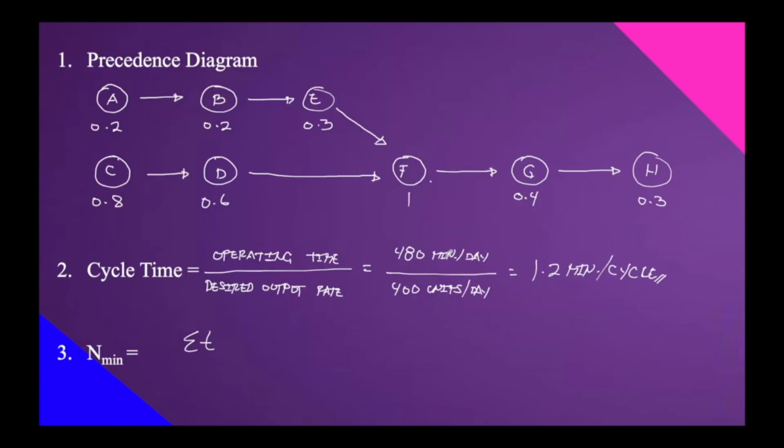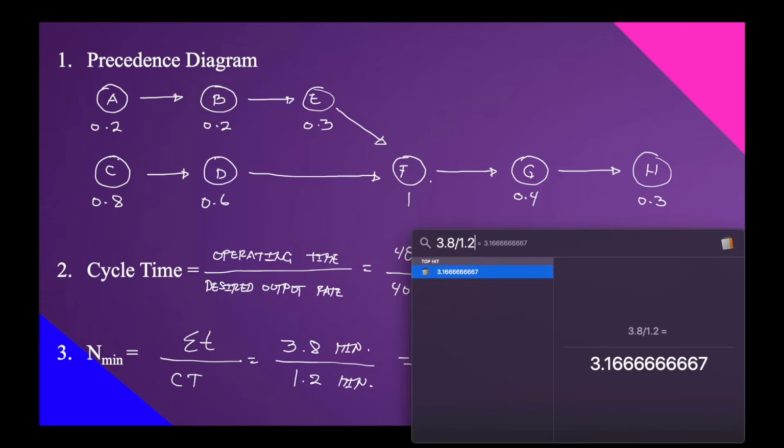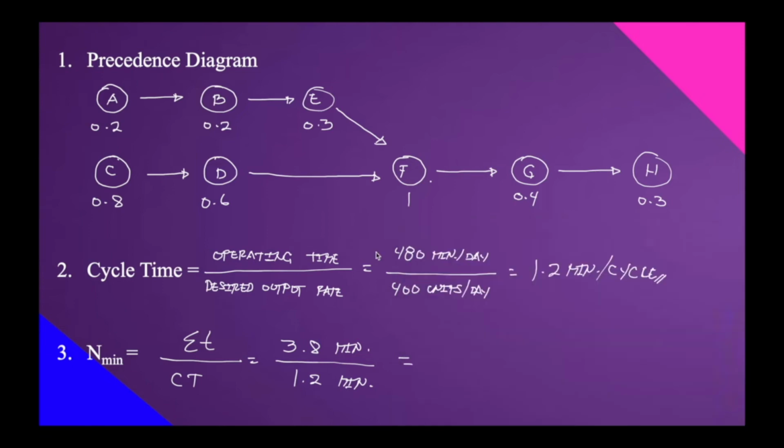So 3.8 minutes over summation of task time over the cycle time, which is 1.2 minutes per cycle. So 3.8 minutes divided by the 1.2 minutes, that is 3.17.